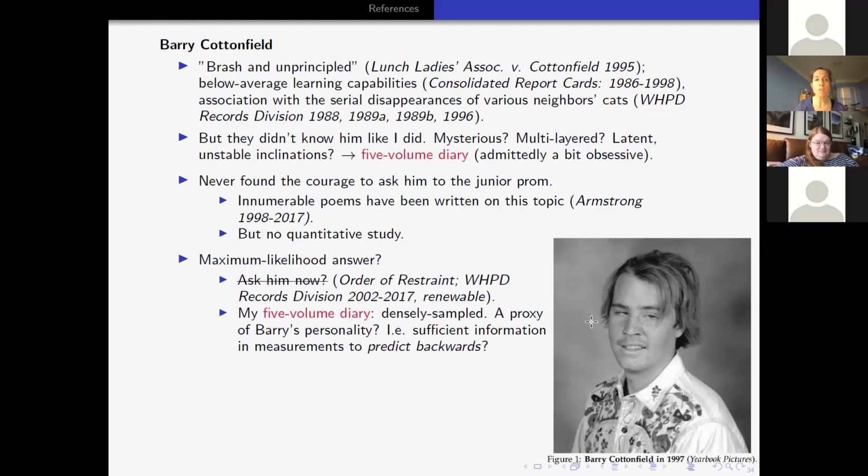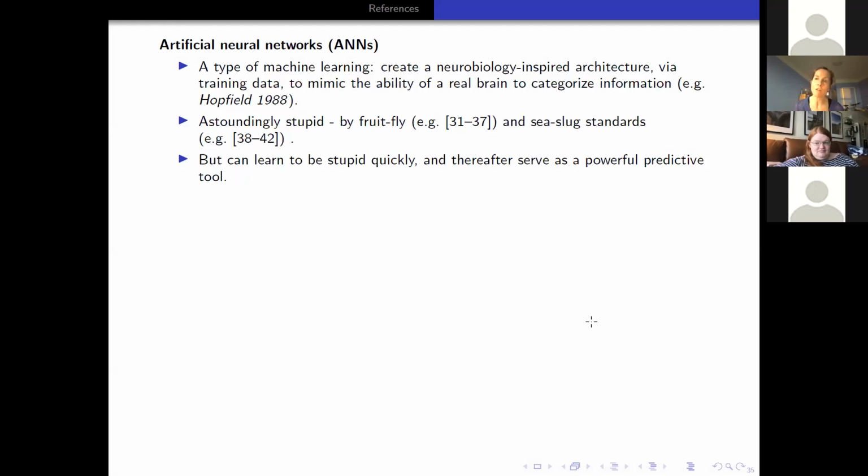So now I turn to the black art of artificial neural networks. As I said, this is a type of machine learning, where you create a neurobiology-inspired architecture by exposing it to training data, very dense, large sets of training data. And you build this thing that can mimic the ability of a real brain to categorize information.